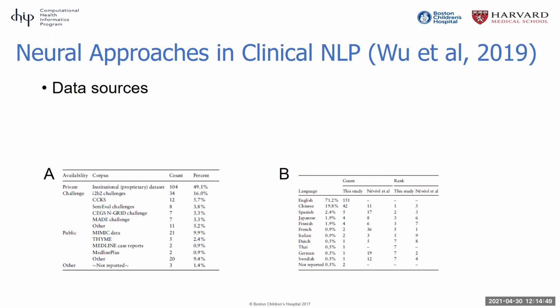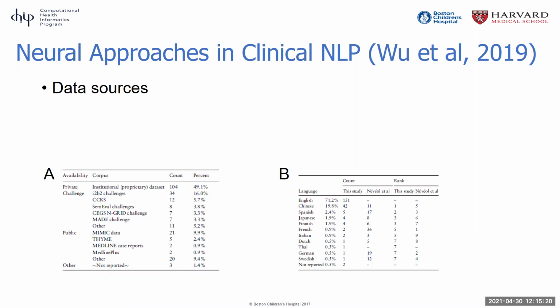However, the data sources, regardless of language, about 50% of them are private, institutional proprietary data sets that cannot be shared with the community. So as we know, this is one of the main hurdles within our clinical NLP community. How do we get access to data that can easily be shared with the research community?